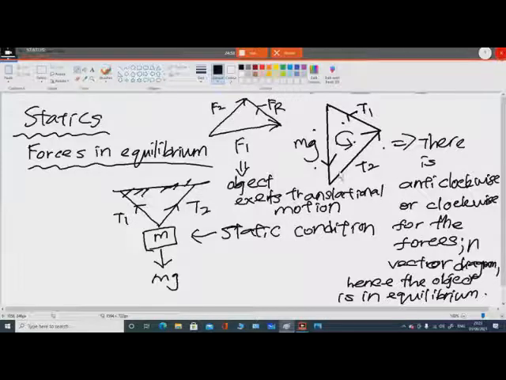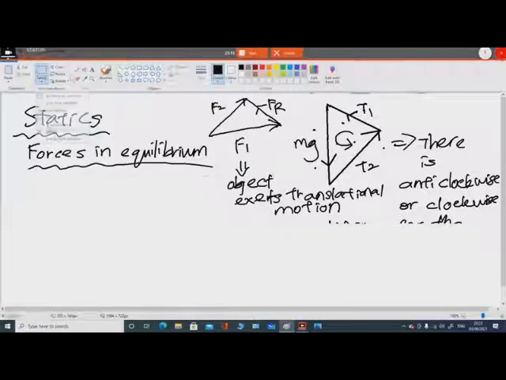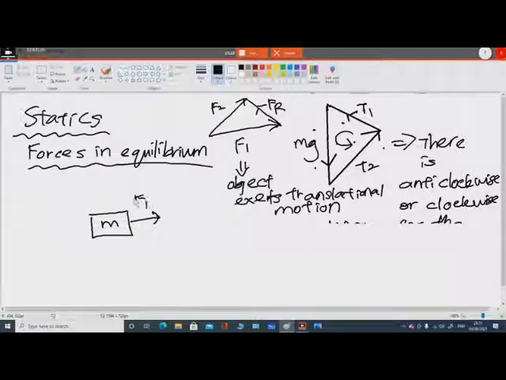Okay, let me give an example. Let me erase this. So what is meant by this statement? Let's say I have a mass M. This one is F1 and this one is F2.